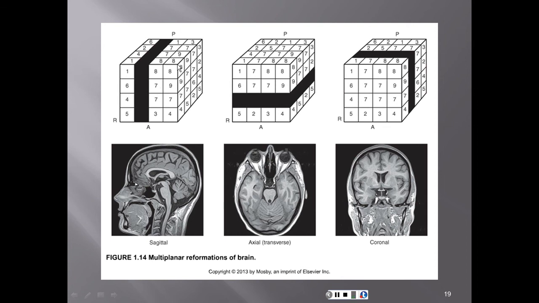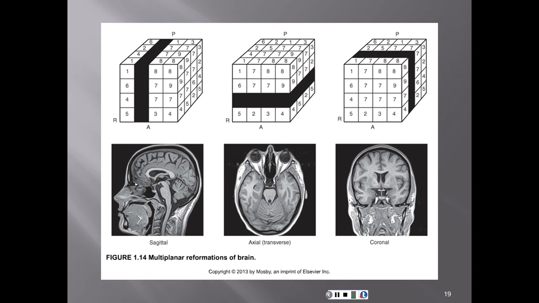The computer will take a digital cube of information, and if you wanted it in a sagittal slice, it would cut it this way. If you wanted it in an axial slice, it would cut that digital information in this fashion. And if you want a coronal image, it would manipulate the digital cube in this way.